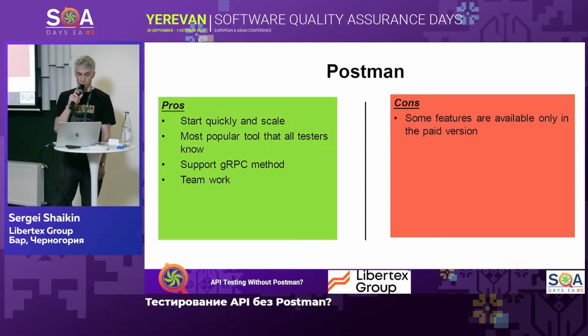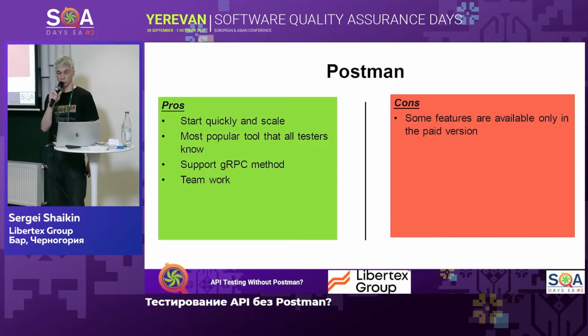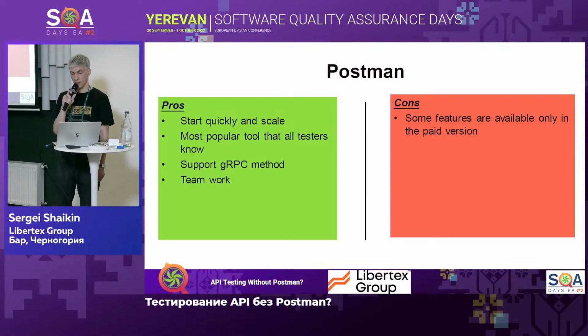Let's talk about the pros and cons of Postman. You can start quickly because a lot of testers know Postman, and if you want to hire a new team player, you can assume every tester knows Postman, so it's simple to involve a new team player in your squad.